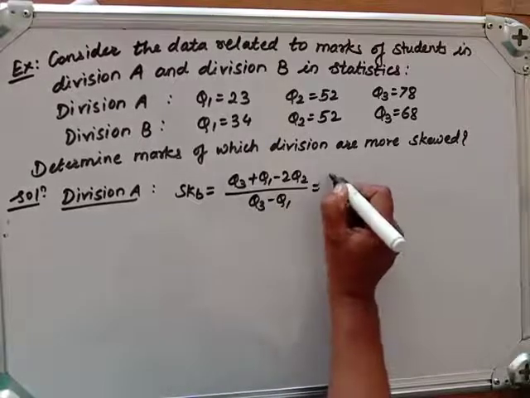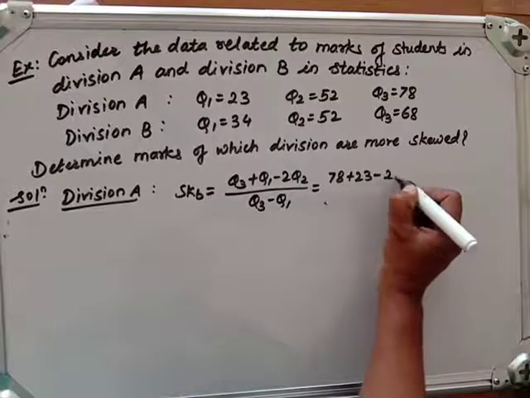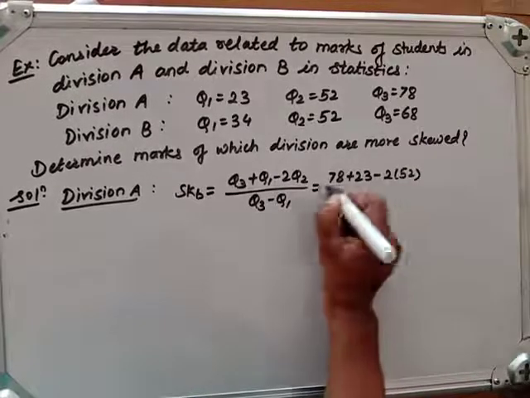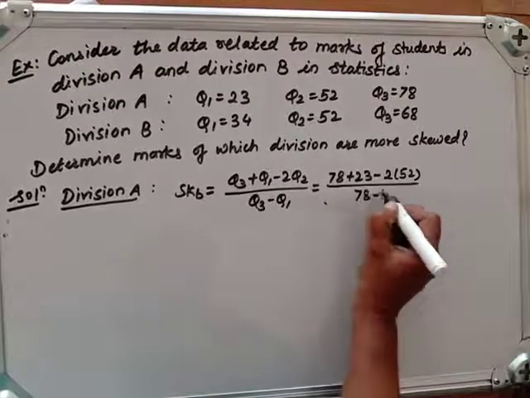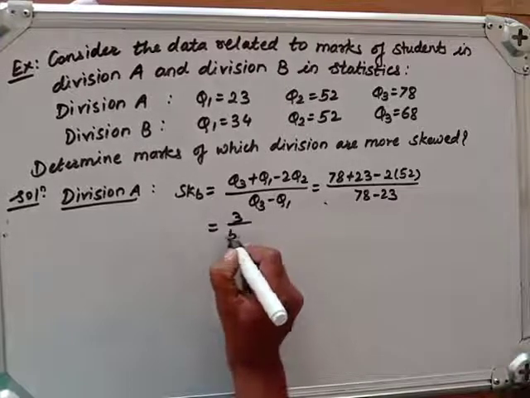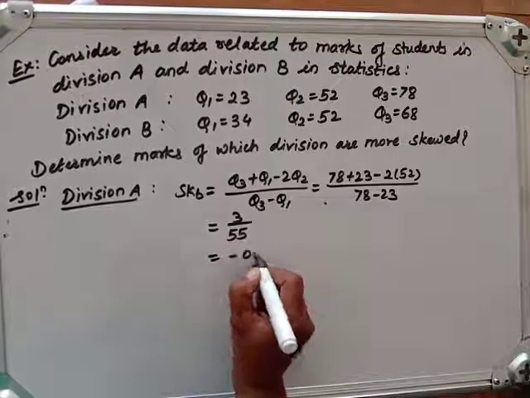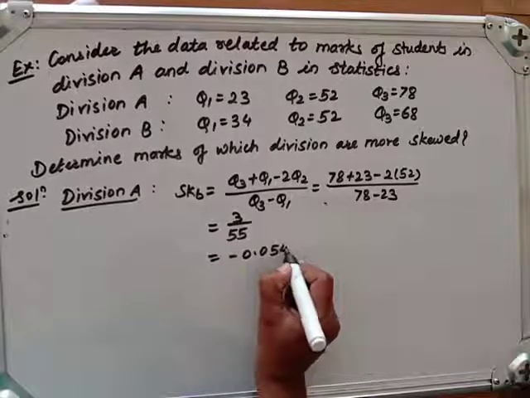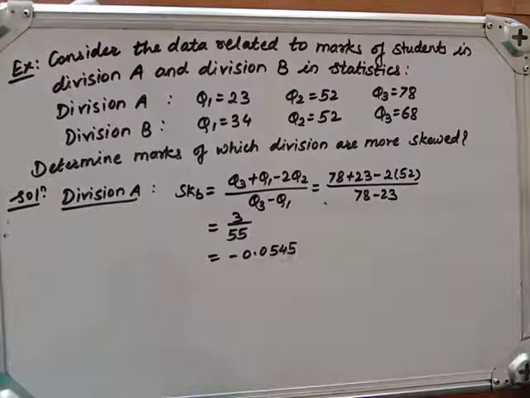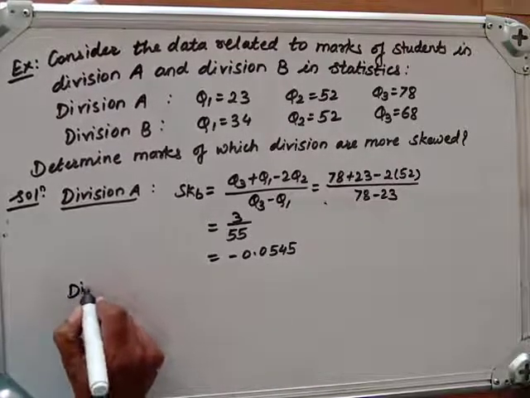So here it will be 78 plus 23 minus 2 times 52 upon 78 minus 23. So it will be 3 upon 55. So we get minus 0.0545.